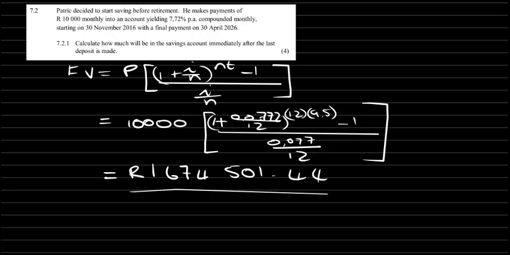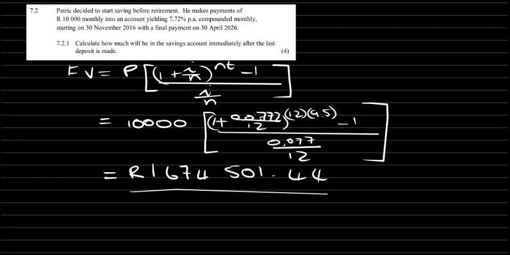Okay, and if we put this into our calculator, we find that there is R1,674,501.44. And that is our answer. That is what's left in the account after the final payment has been made.